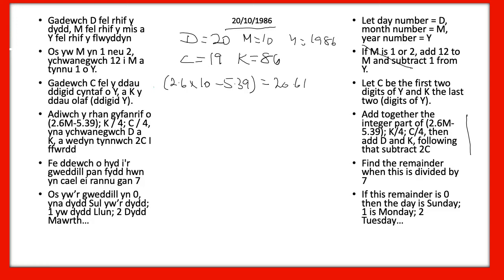But I only want the integer part of that, so I don't round up. I'm going to use the 20. This is where my floor function comes in, the whole number part of it. K over 4.